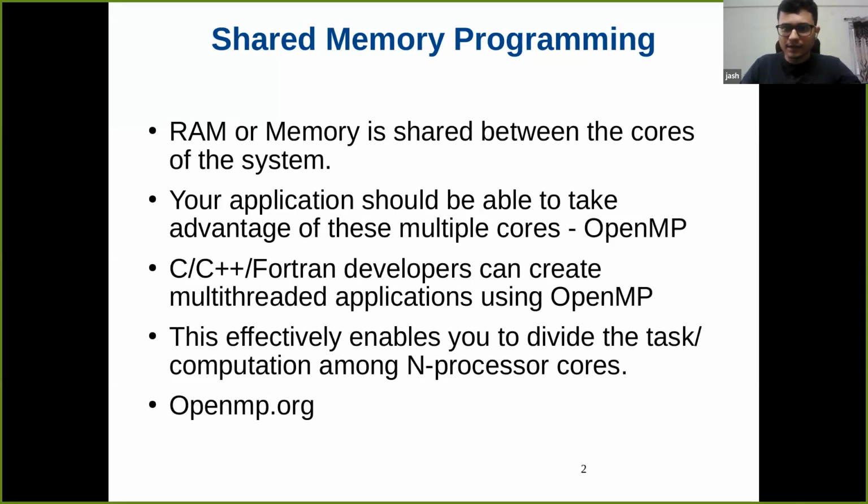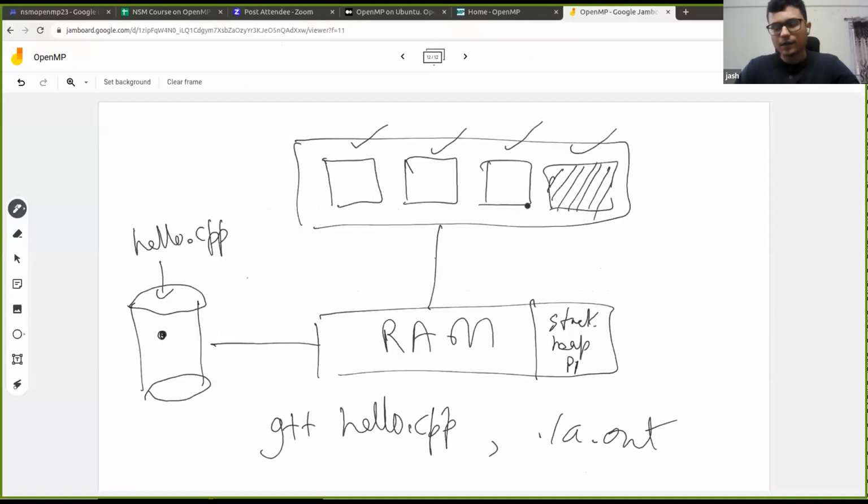Now let us go back and see what will happen when you try to execute your code using OpenMP. In this case, we'll have the same program, hello.cpp, but this time you will be adding some OpenMP constructs in it.